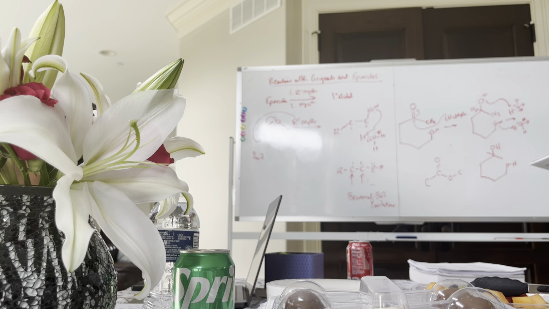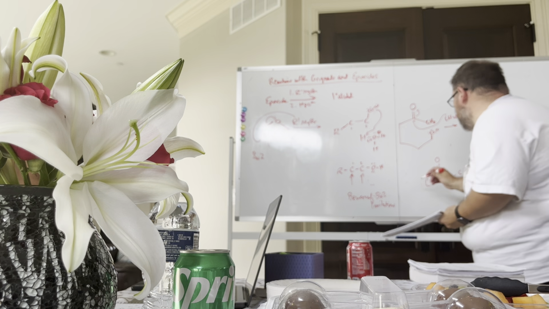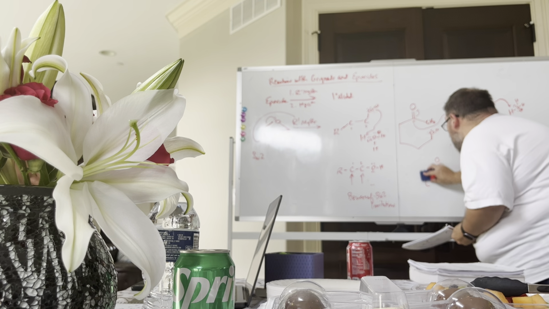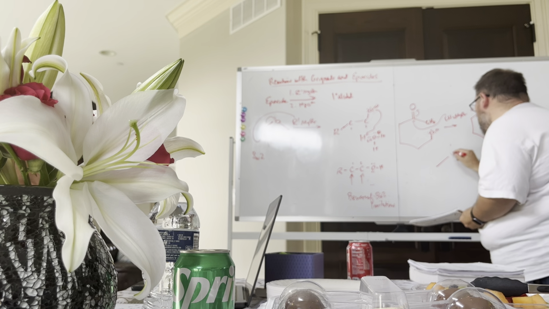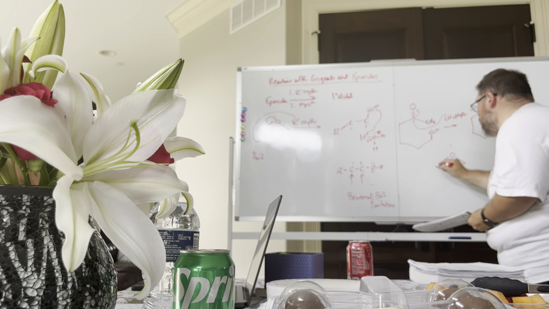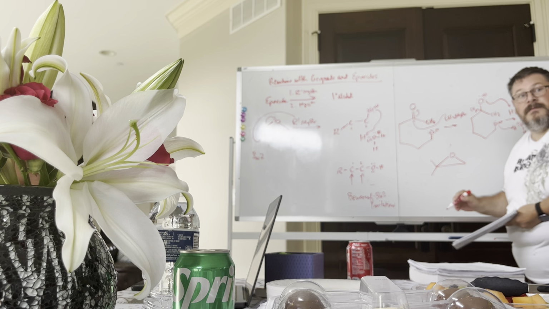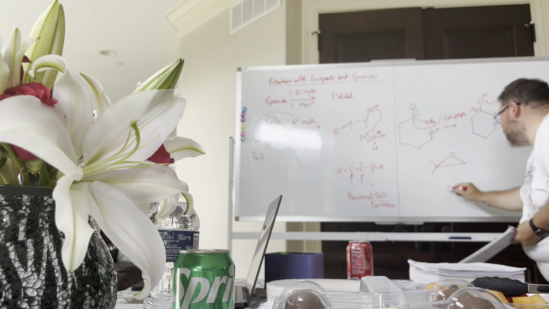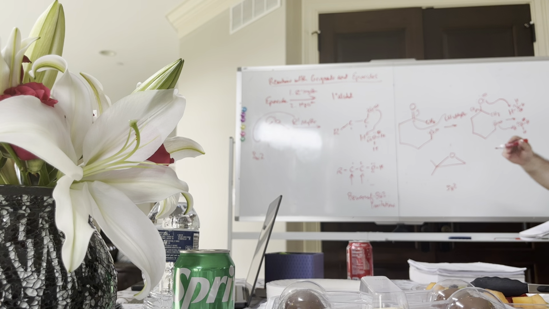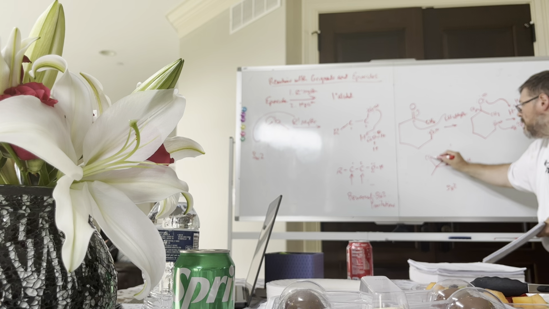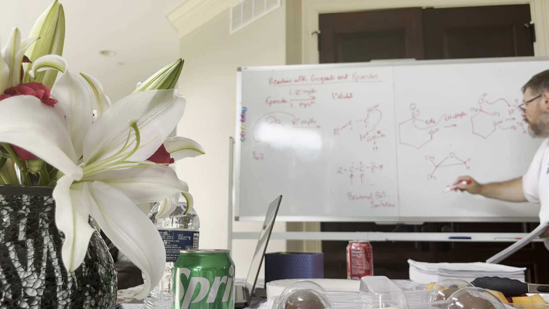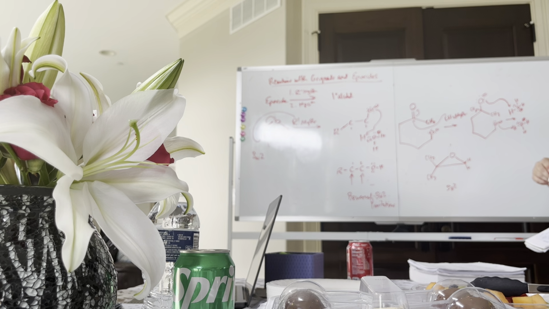So if you had an epoxide that had two methyl groups on it here. If you have an SN2 reaction, that means you want the least steric hindrance, right? So if you have a methyl here and a methyl here, which carbon are you going to go after?